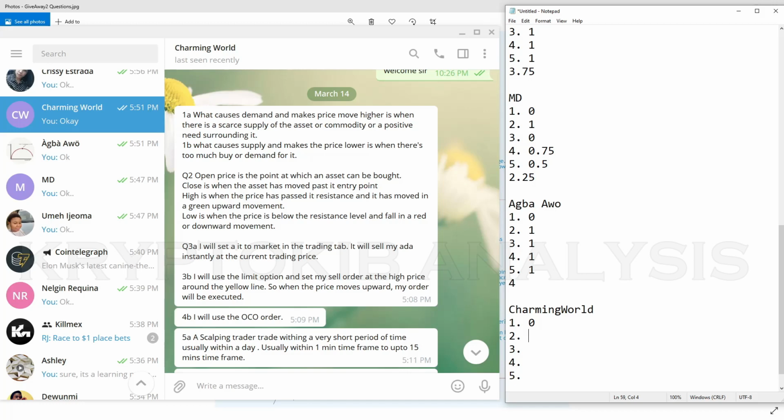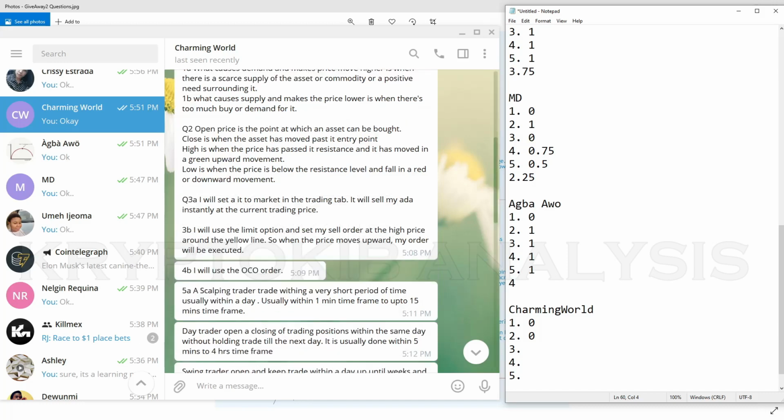High is when the price has passed its resistance point. No. High, we can even say the high is the resistance. Low is when the price is below. Oh, no. Maybe. Question 3. I will set it to market in the trading tab. It will sell my order instantly at the current trading price. How do you see this?